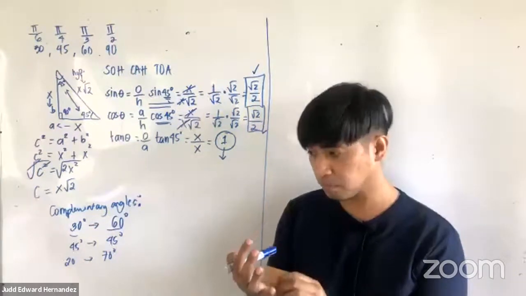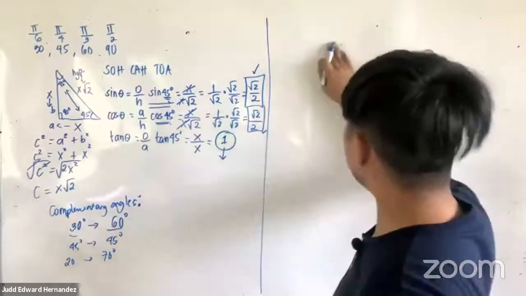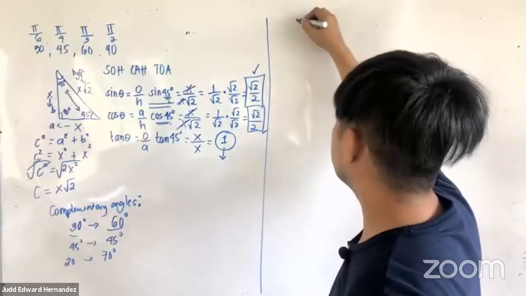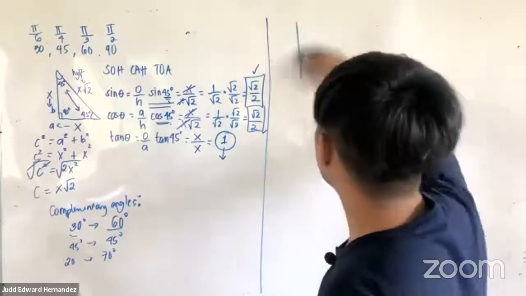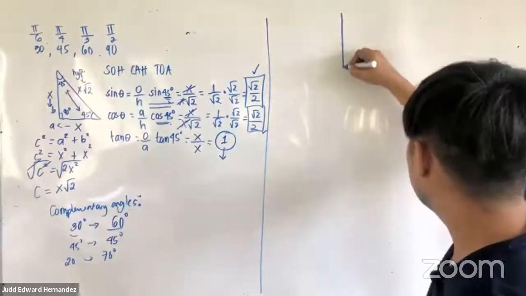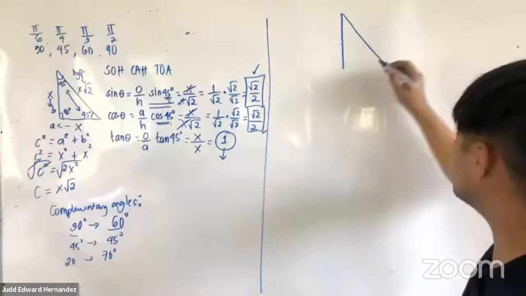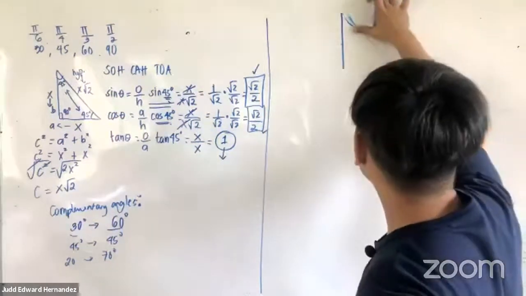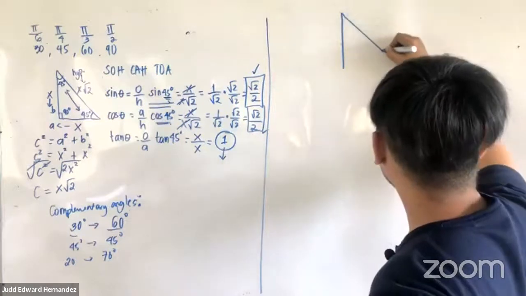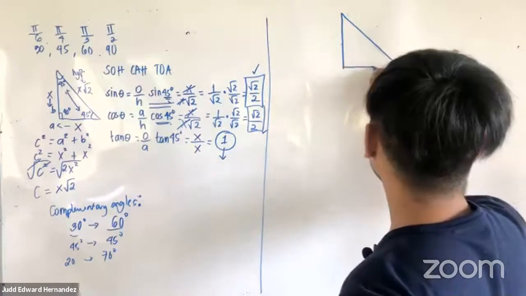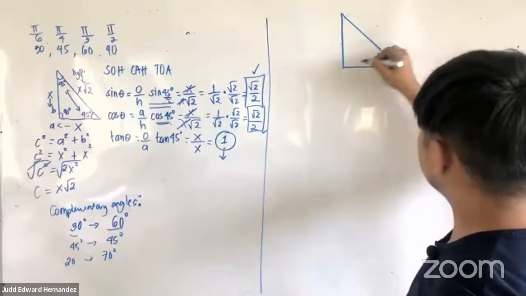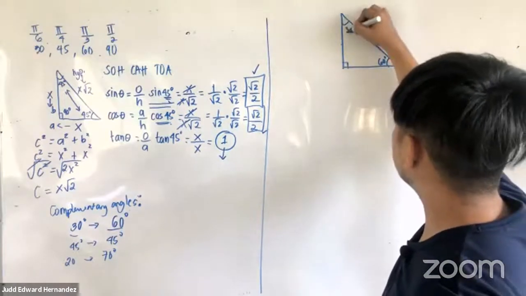So, okay. Punta naman po tayo dun sa 30-60-90. Again, this is a right triangle. Medyo lakihan ko ng konti. Okay. This is 60 degrees. This is 90. This is 30.